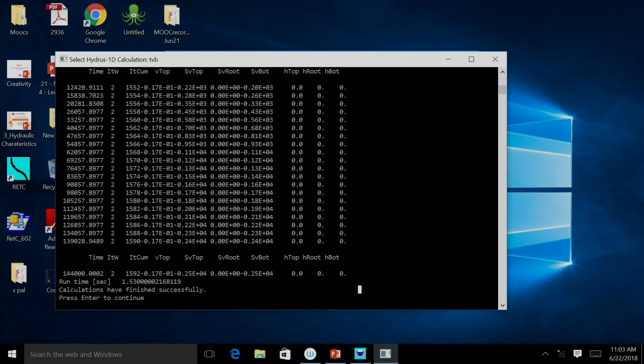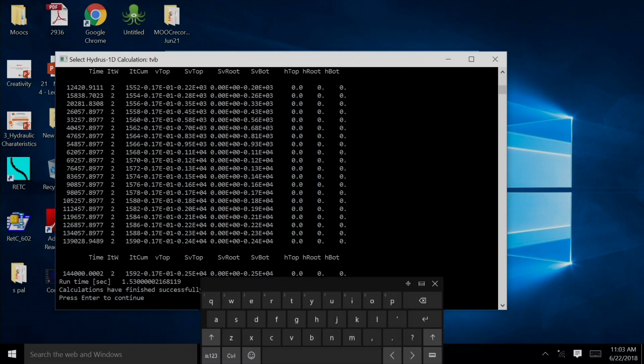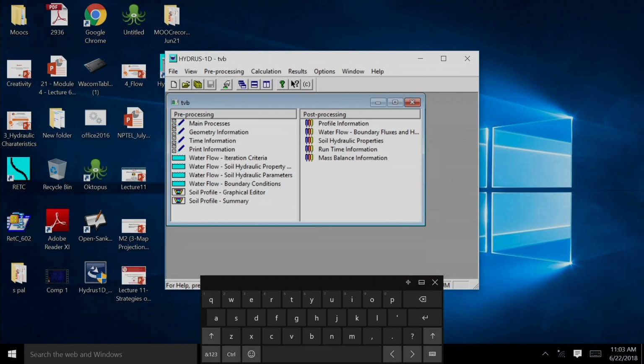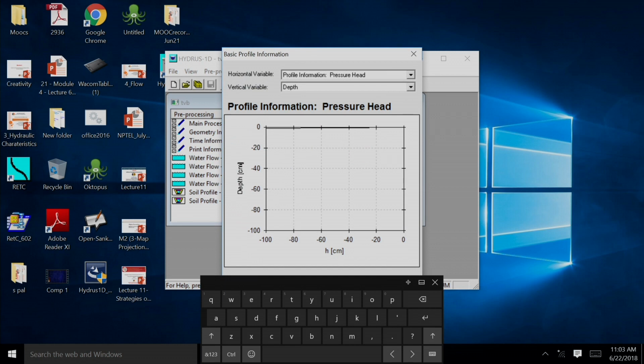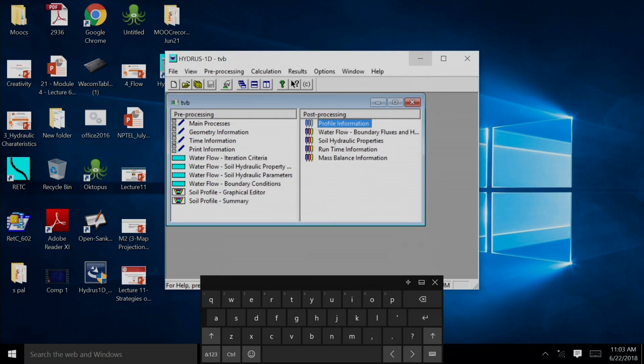Continue, and then profile information. Here it is not able to generate anything.